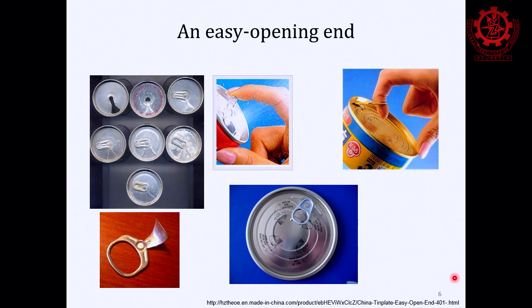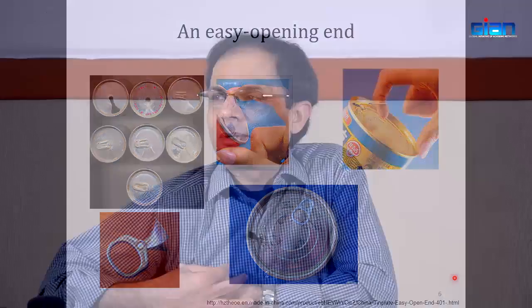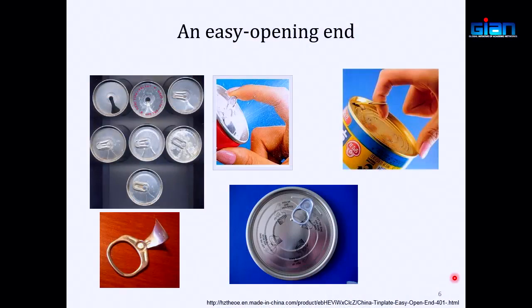It is that you have an easy opening end. So most of these vegetables and meat processed in cans, how would you open this lid or end? You have the can opener to open that, right? But beverage cans, whether soda or beers, you have this kind of opening, right?